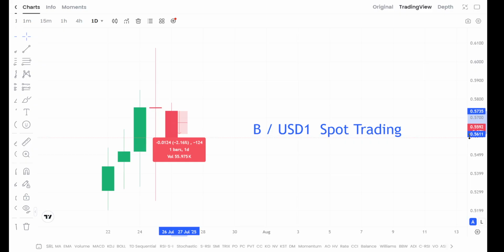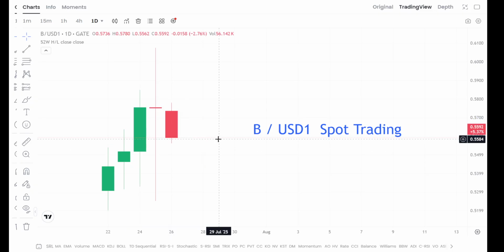It went down and was closed at 0.5611 USD1. It is 0.0124 USD. It is 2.16%. There was a loss of 124 USD1, and in this one day 56.142 B has been traded.